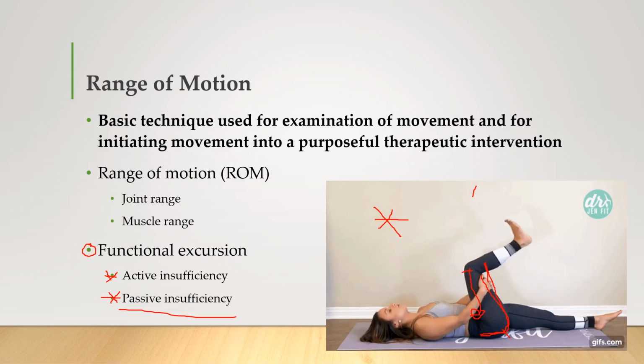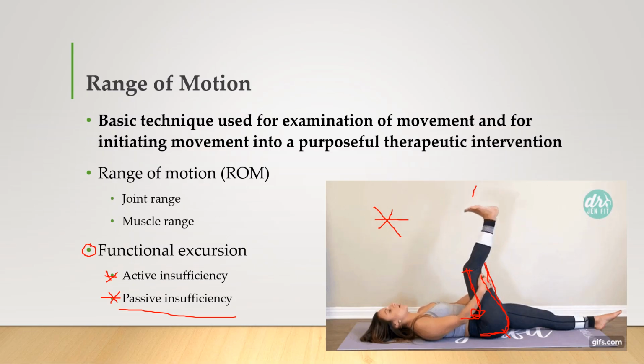We want some stretch on the muscle to provide tension, which is going to allow us to actually get good strength output from that muscle group. So with active insufficiency, right, if the muscle is shortened at both ends, proximal and distal, we're going to get decreased strength output. The muscle is too short to produce tension, and therefore you're going to see decreased strength.